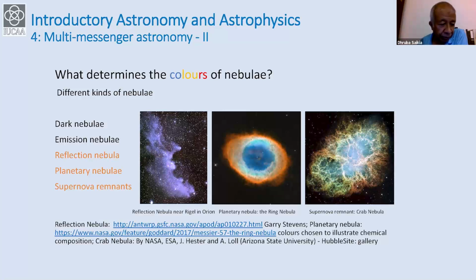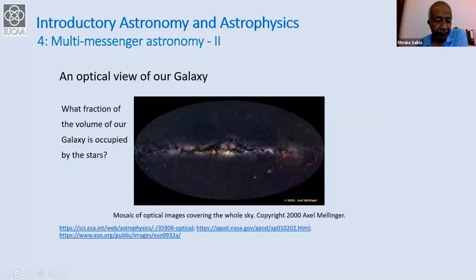So we have been introduced today, not in detail, to different kinds of stars and different kinds of nebulae, and the two broad classes of star clusters, open clusters and globular clusters. Now, here is an image of an optical view of our galaxy.